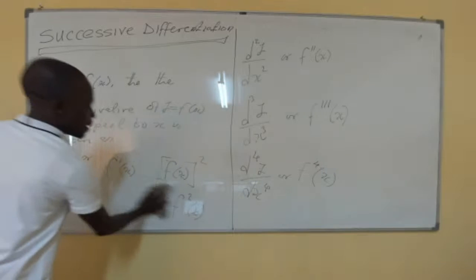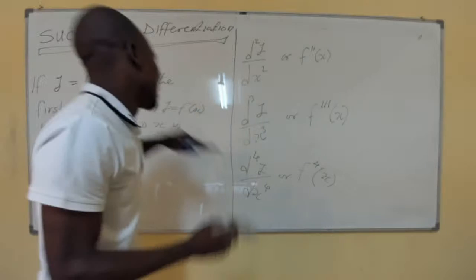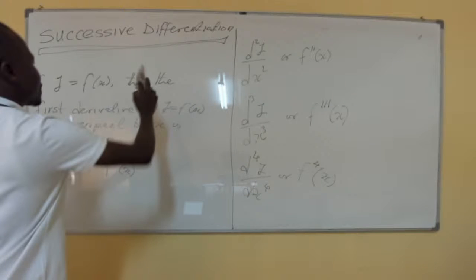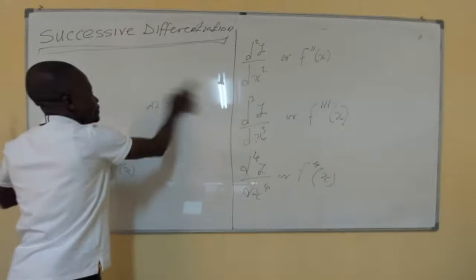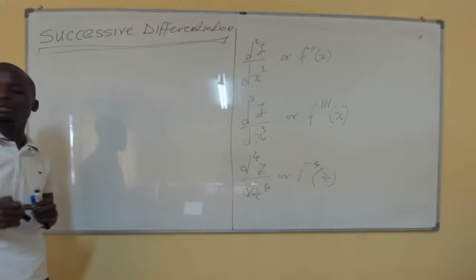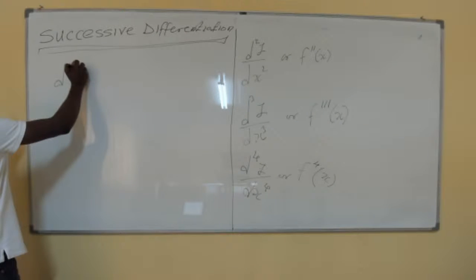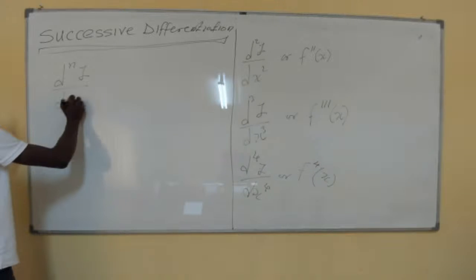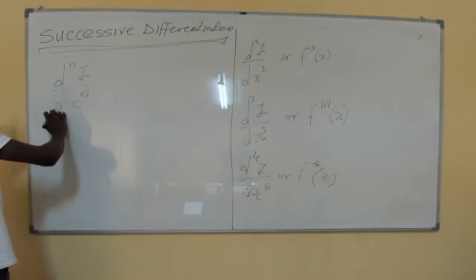Okay. Now, if we continue differentiating, then after you differentiate again, any time, if we take the differentiation procedure any number of times, what you're going to get is d to the power n of y over d of x to the power n.